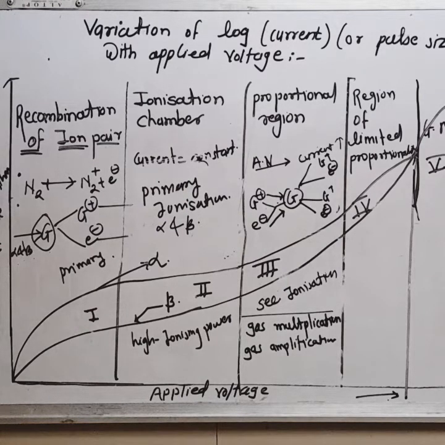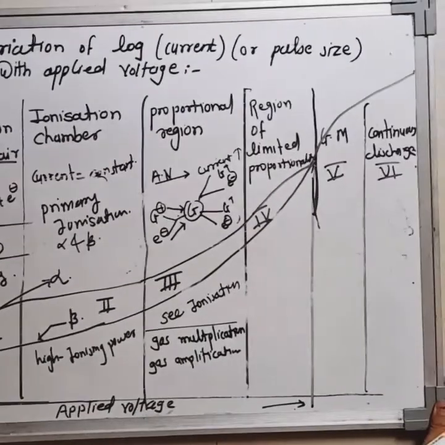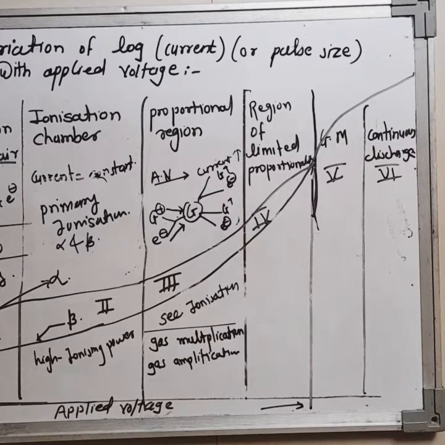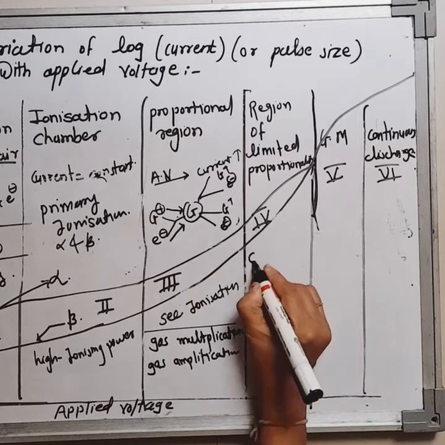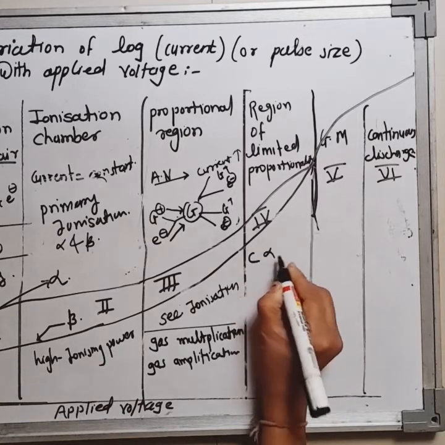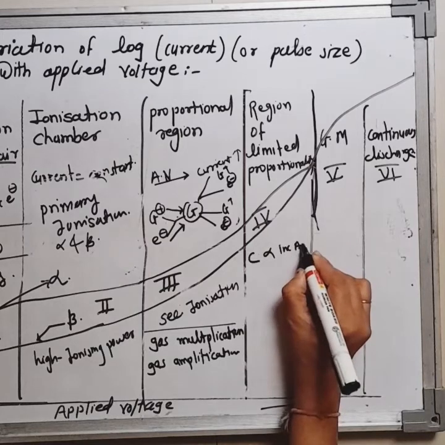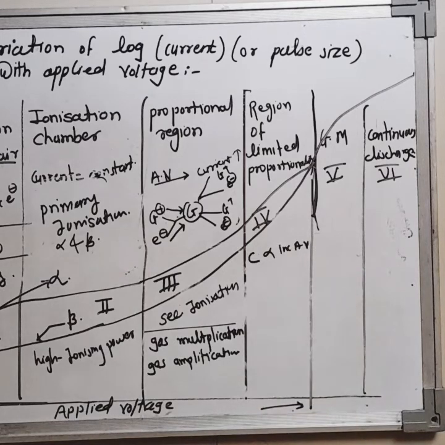Now the next chamber is the region of limited proportionality, number 4. In this region, the current continues to increase. Current increases with increasing applied voltage, and pulse heights are still related, but no longer proportional to the initial ionization intensity.